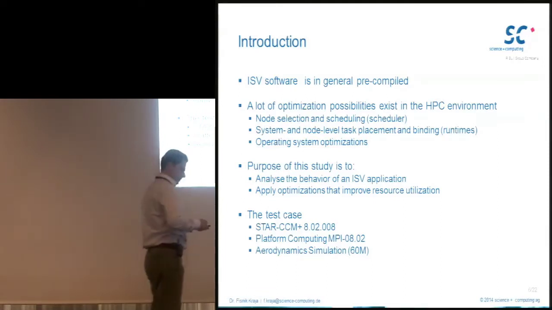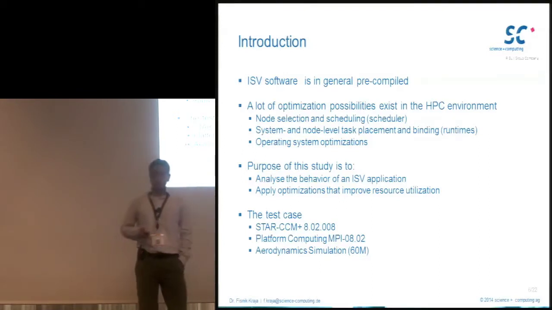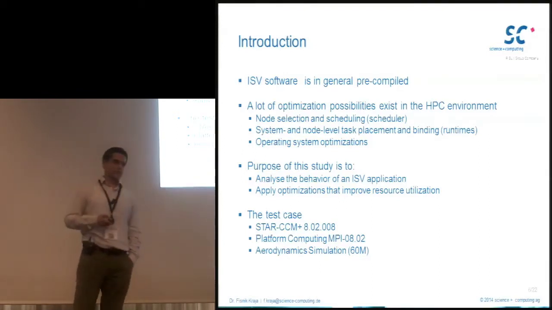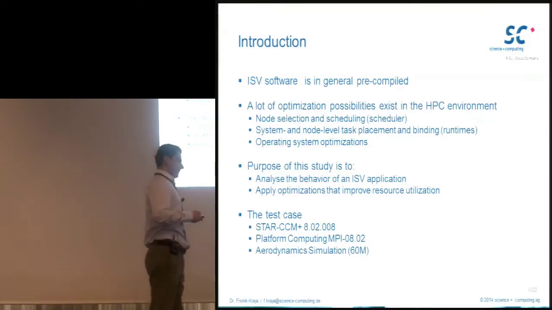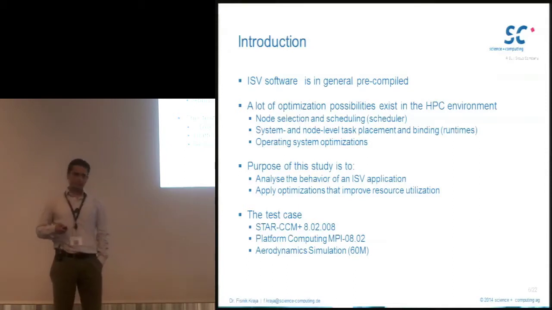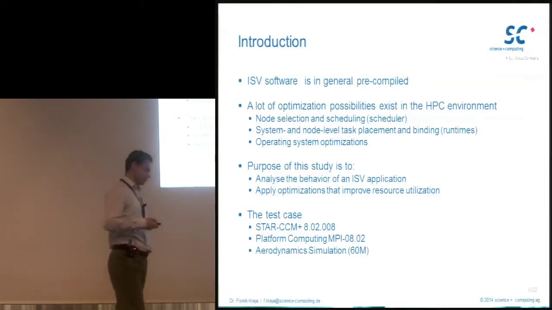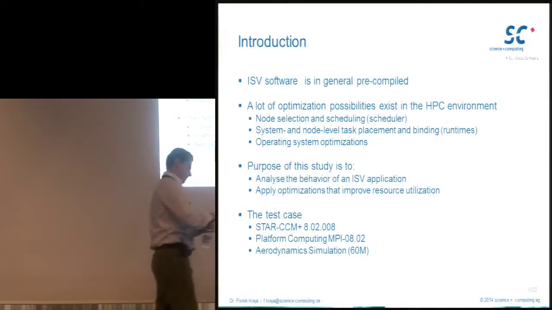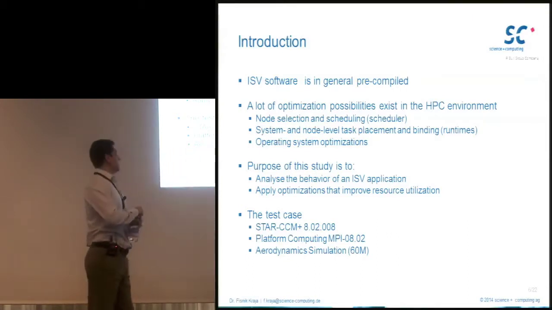We know that ISV software is in general pre-compiled, so we don't have any more options to optimize the code. And in such case, there are a lot of other options how we can improve the performance for such codes. So in this HPC environment, you have the options that you can tell to the scheduler or the batch system where to put this job.